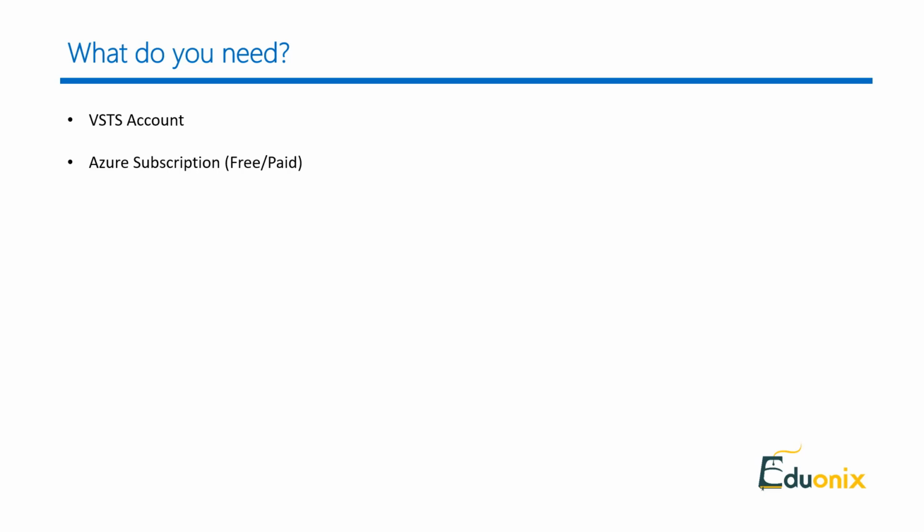So let's look at how to create a VSTS account. One prerequisite is that you need to have a Microsoft account. If you already have a Gmail account or any other account, just sign up for a Microsoft account, and you can use that Microsoft account to create a VSTS account.